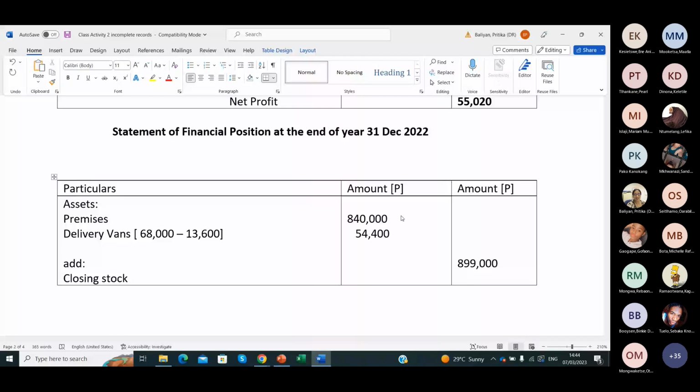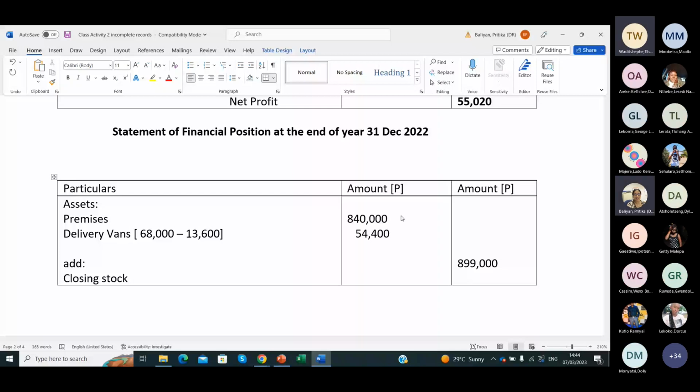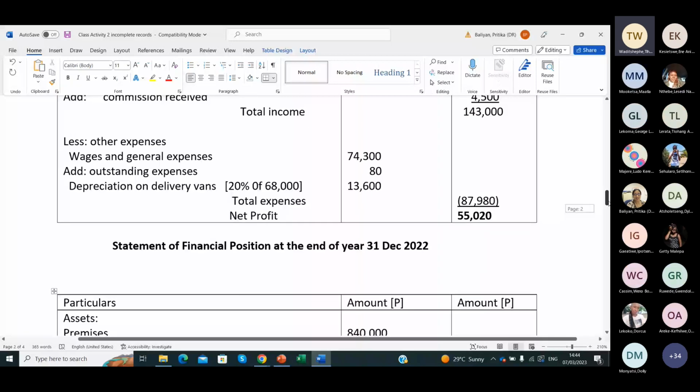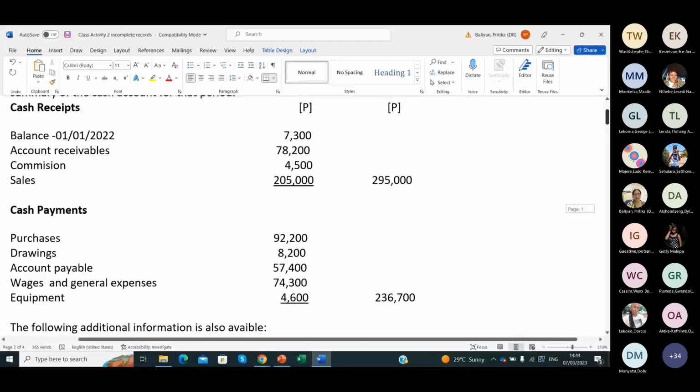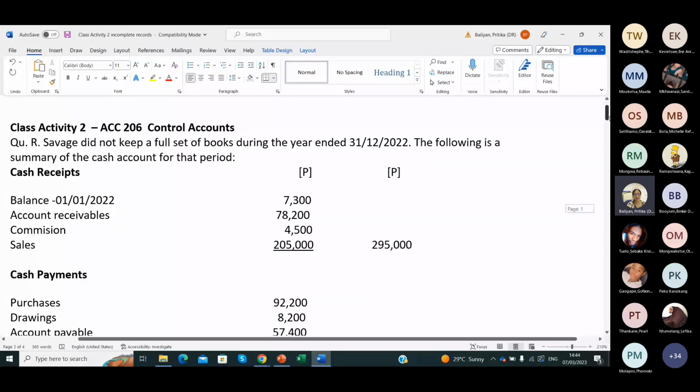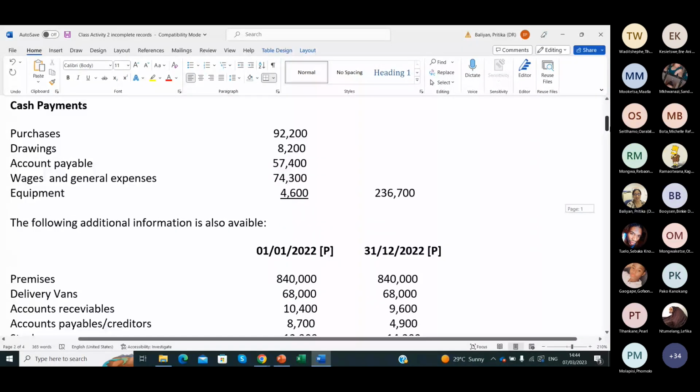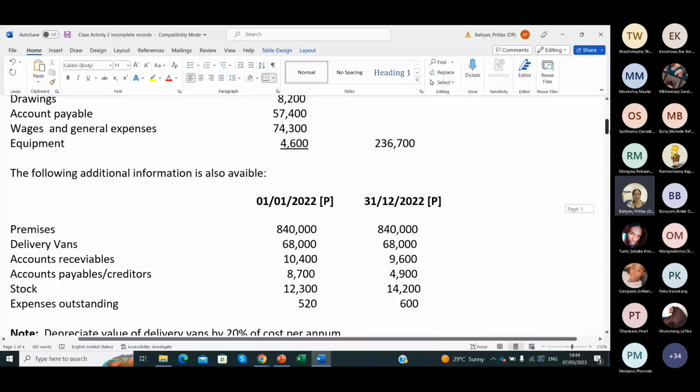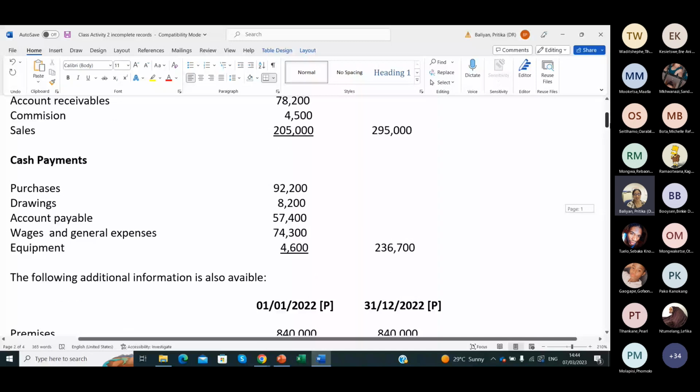And we have equipment. Where is the equipment? Okay, right. Yeah, the cash payment. They bought the equipment during this year, right?